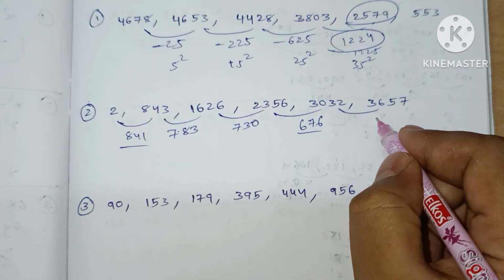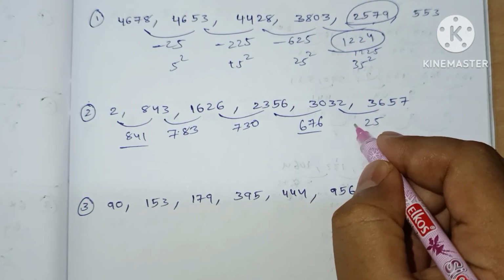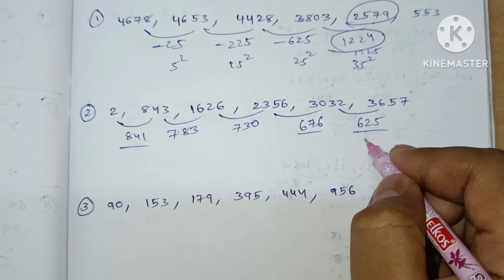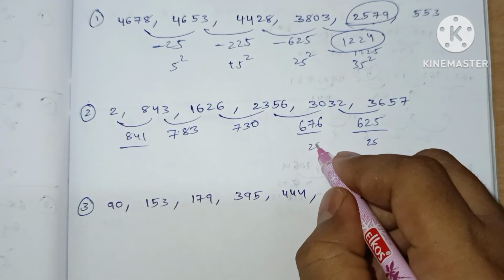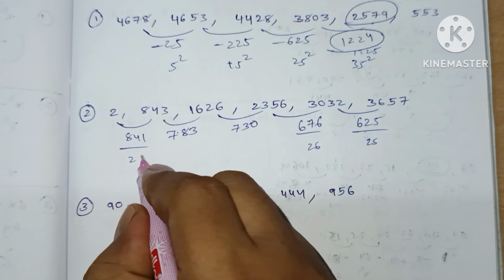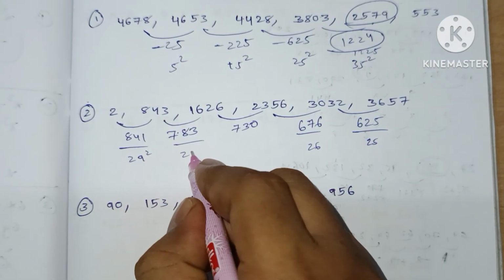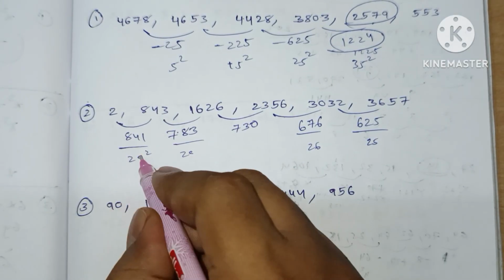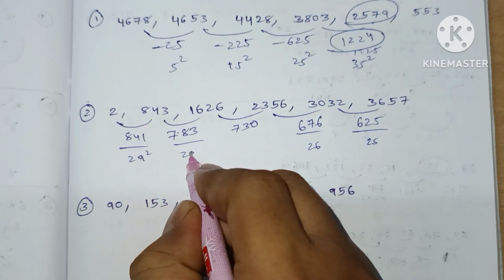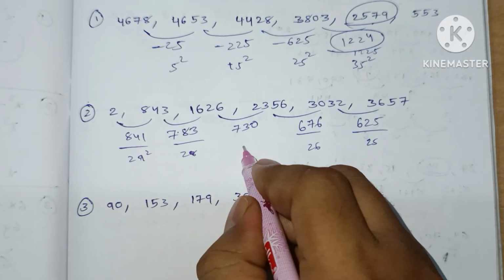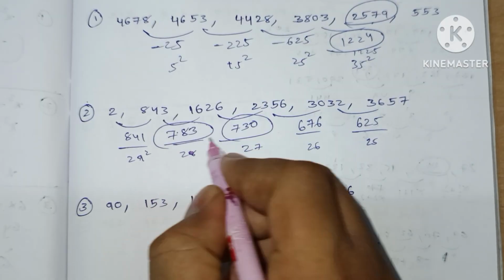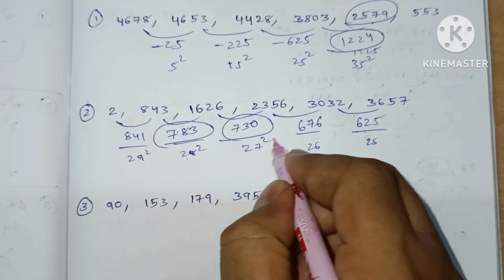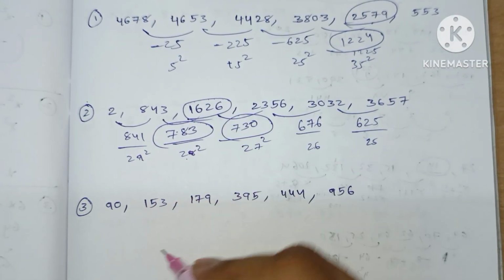Here the difference between these two is 5, 2 and 6. This is also a familiar number. It is 25 square, 26 square. This is 29 square. So it must be 28 and it must be 27. These two numbers are not actually squares. So our wrong number is 1626.